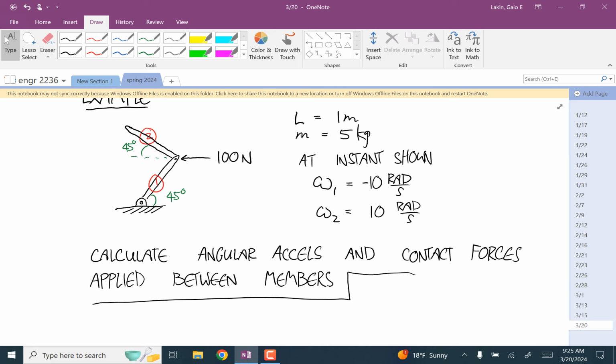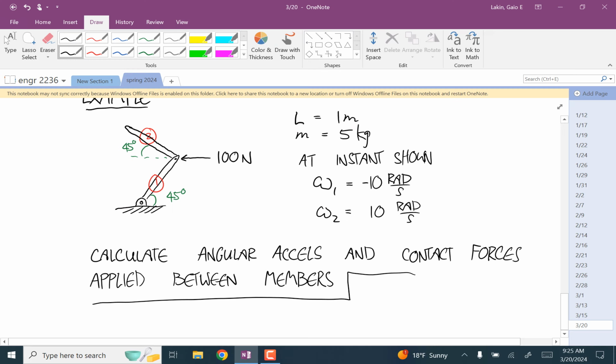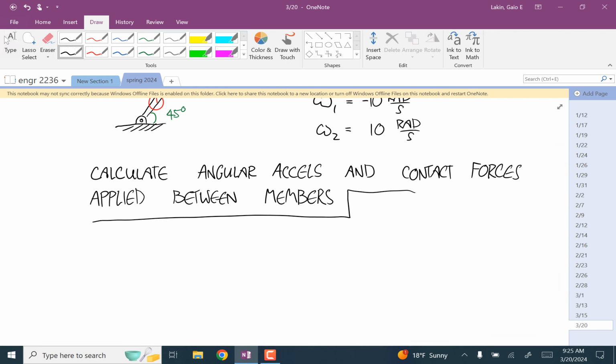Well, I already numbered these. So just one by one, we're going to do a rigid body analysis of each of these members. So I'll start with member 1.